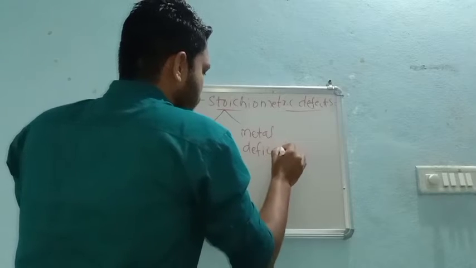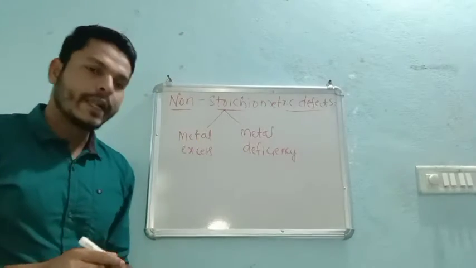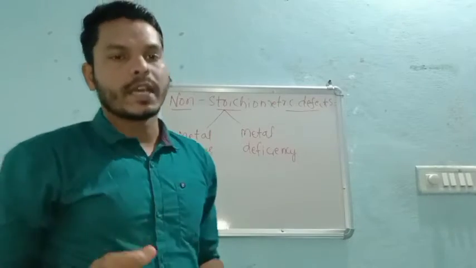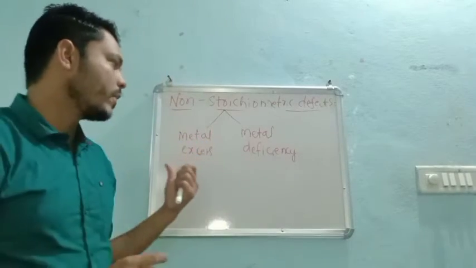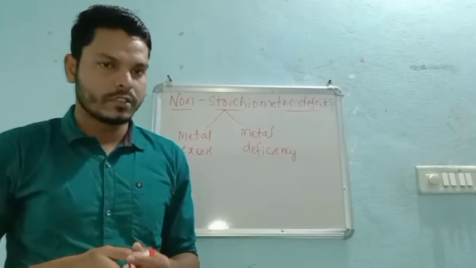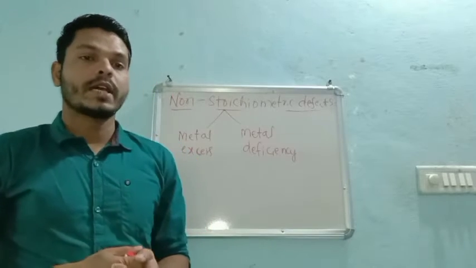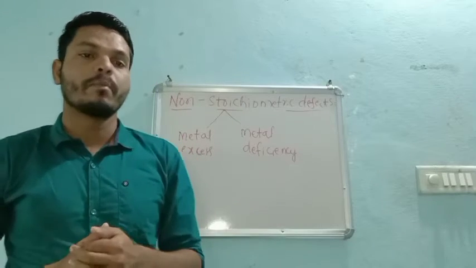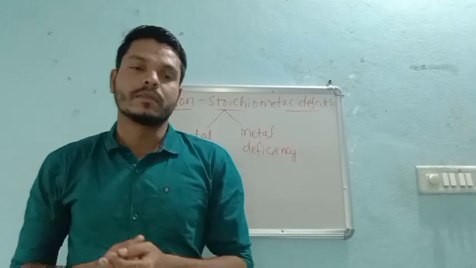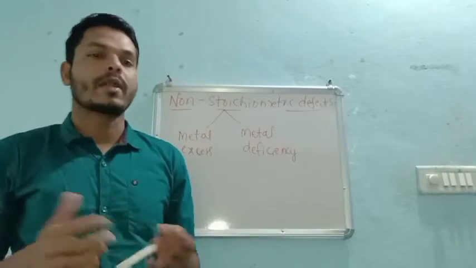Before moving to this, I want to remind you that in physical chemistry a metal is nothing but a positively charged species. In organic chemistry we cannot say that positively charged species are metals, because in most cases we get the positive charge on carbon, and carbon is not a metal.